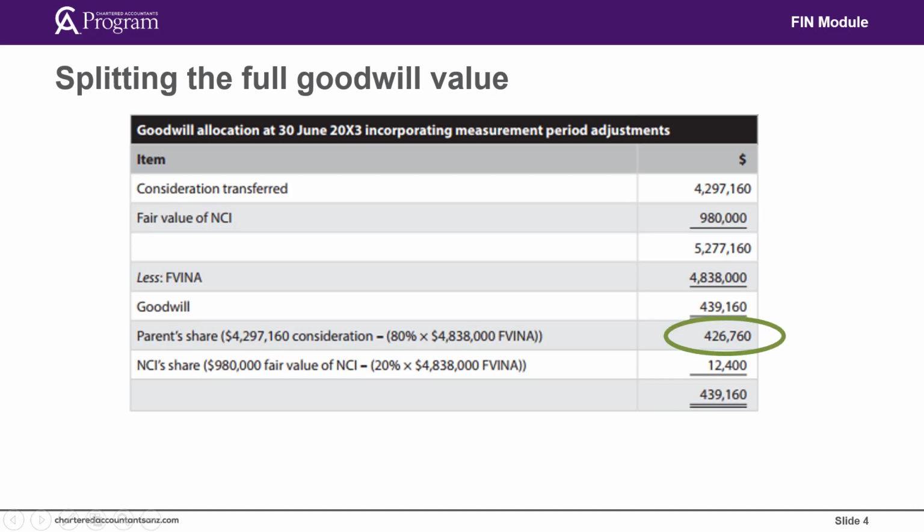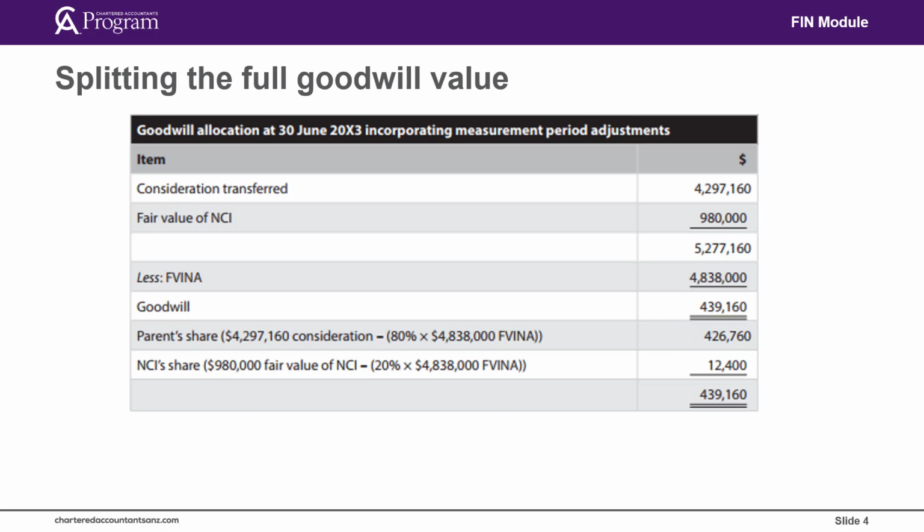So this value is $426,760. That's the parent's share of the $439,160 goodwill asset. And this value, the $426,760, is the same amount that we would calculate if Stark had instead chosen to apply the partial goodwill method.